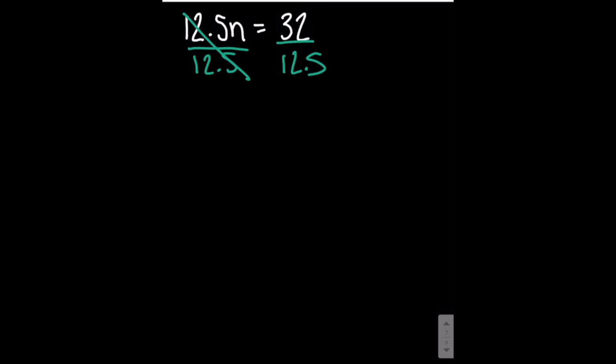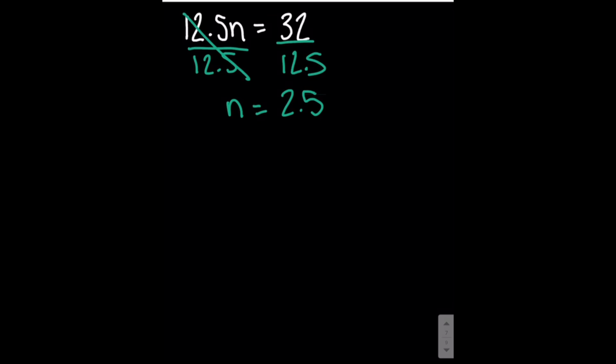2 more. Okay, let's do something with decimals now, and let's do 12.5n equals 32. So for this, same thing goes here. If you're multiplying, now I must divide both sides by 12.5. And when I divide both sides by 12.5, this cancels off, and I get n equals, let's see, that gives me 2.5.